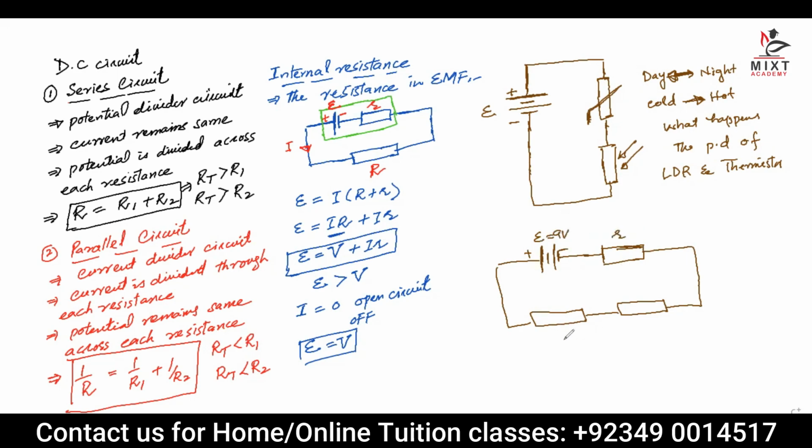This is the internal resistance, and this is a resistance of 100 ohm. And this is another resistance of 50 ohms. You have to calculate the small r. How are you going to calculate the small r? Where is the internal resistance? Sorry, I haven't made the box. Let me make the box. So this is the internal resistance.